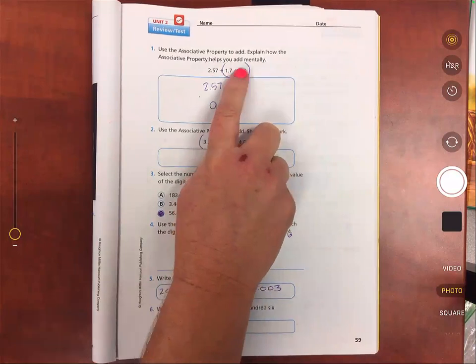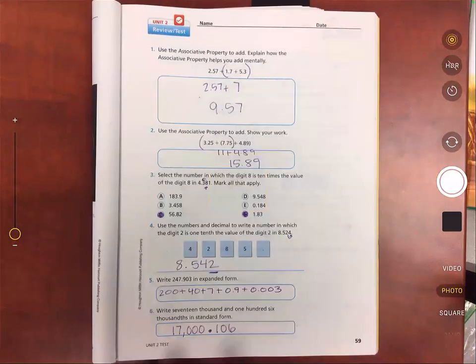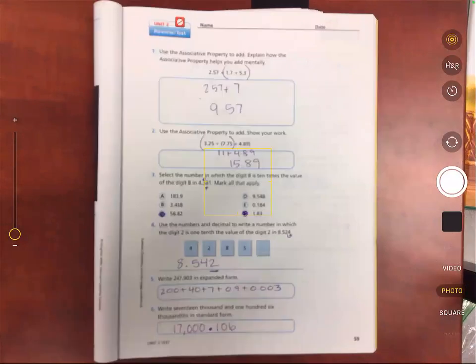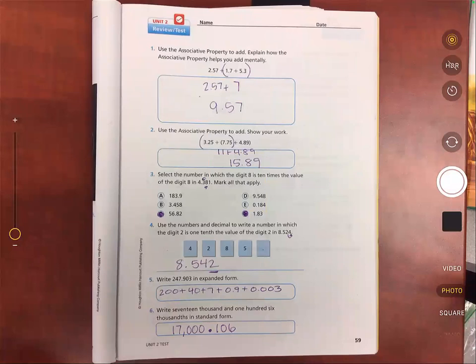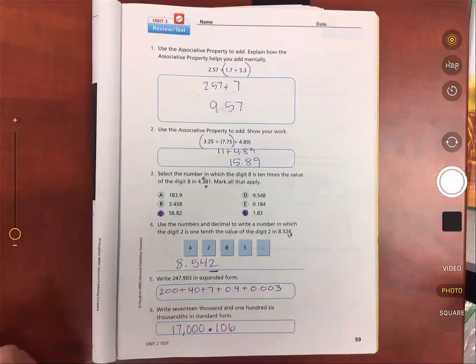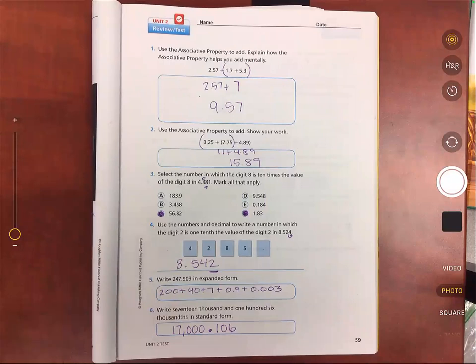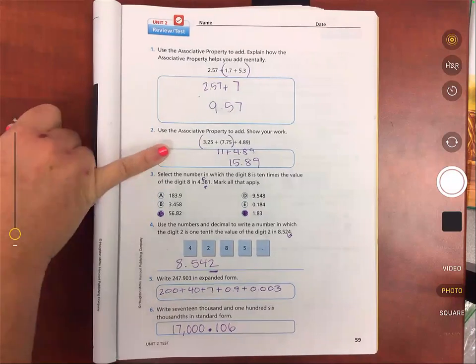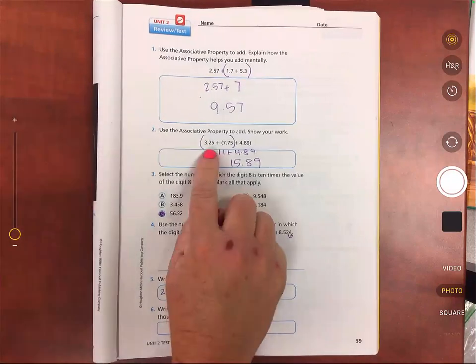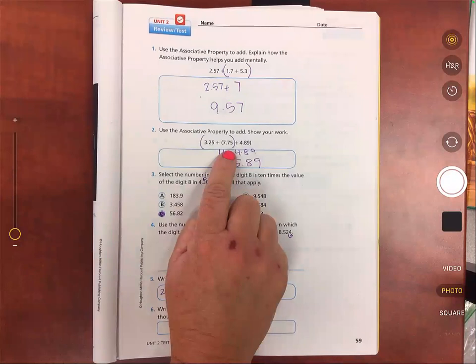So when I did that, I got 7. And then in my head, I can easily add 2 57/100 and 7, and that equals 9 57/100. Same thing with associative property on this next one, I changed my grouping, because I knew that 25/100 plus 75/100 equals a whole.